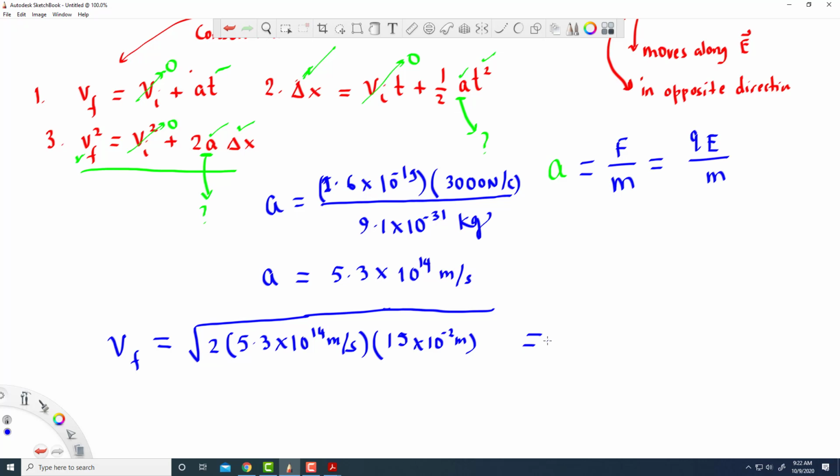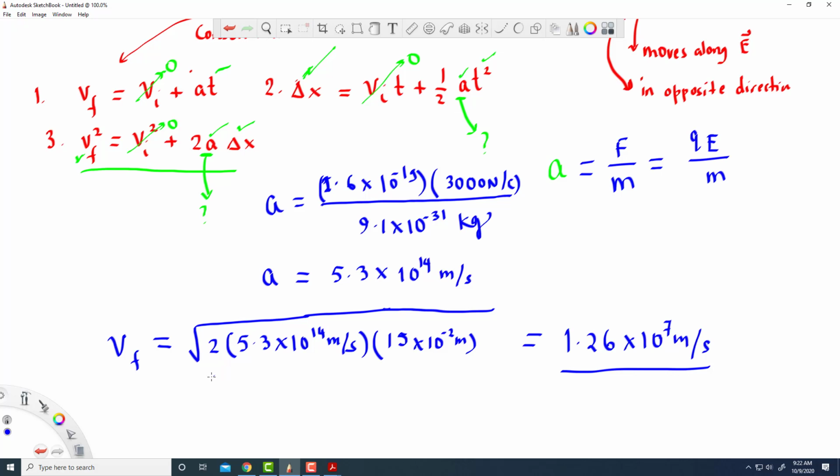Square root. Is that 1.26 times 10 to the 7, meters per second? Is that right? So that's the velocity. Okay, so double check that answer, I may be wrong.